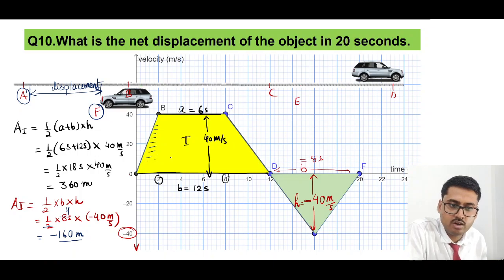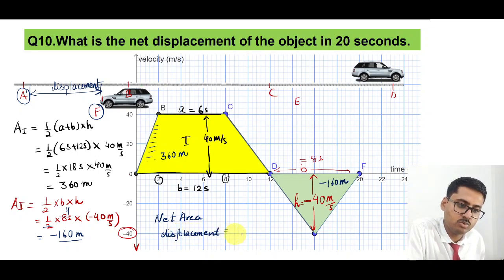So the area of the first portion is 360 meters, and the area of this portion is minus 160 meters. If I have to find the total area, the net area will be the displacement of the object. We are basically adding the two areas, but one is negative, so it is 360 meters plus minus 160 meters, and that is going to be 200 meters.